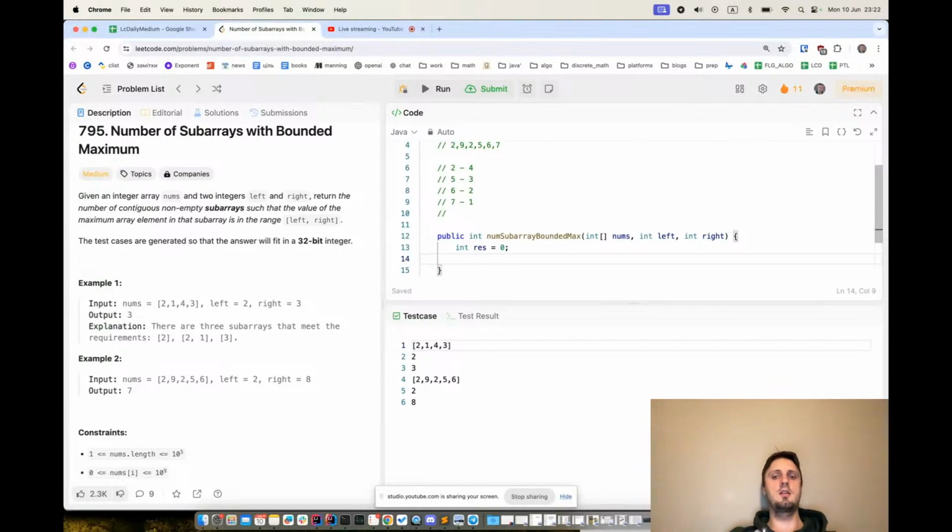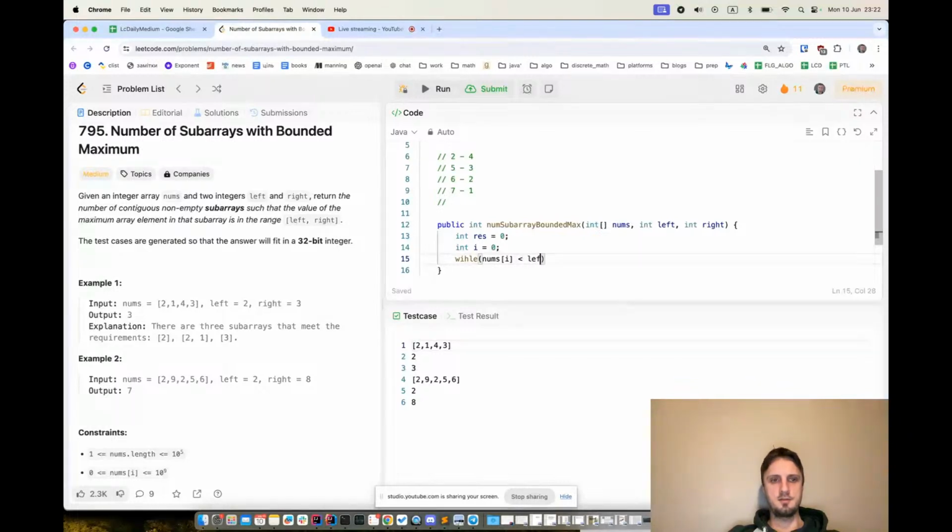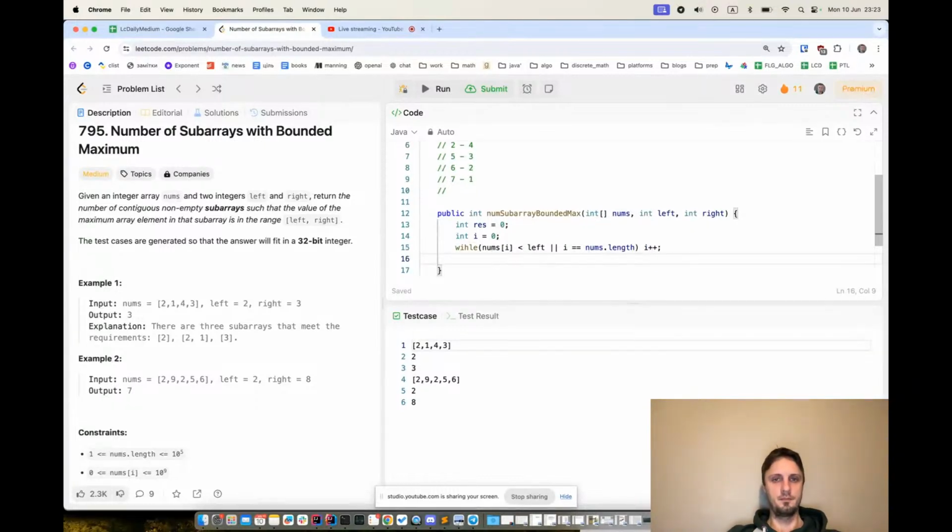First we have the left index, and here we are going while nums[i] is less than left, or i is equal to nums length minus 1, or nums length, I think. Yeah, it would be enough. So here it's our i.